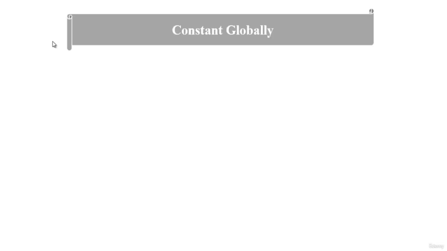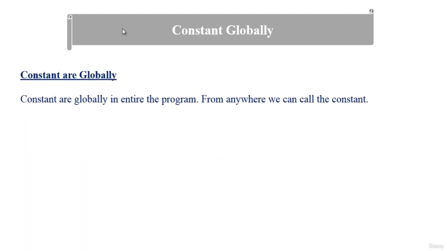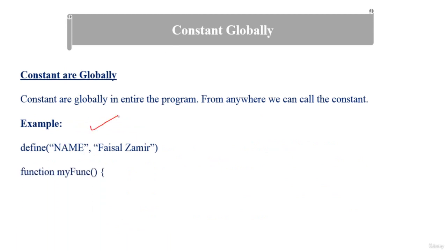Another point is that a constant works globally. You know that we can create local or global variables, but when you create a constant, it will be considered a global one. Constants work globally in the entire program. From anywhere we can call that constant. So for example, once a constant is created, we can use that constant in any other specific block of code.